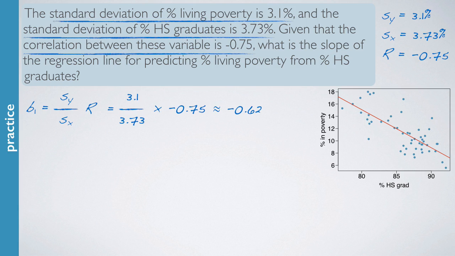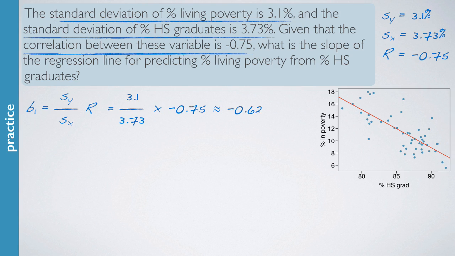In the first part of the equation, we're dividing two positive numbers, which is always going to yield a positive response, and then we're multiplying by a value that could be negative or positive depending on the direction of the relationship between the two variables. So mathematically speaking as well, the sign of the slope is always going to be the same as the sign of the correlation coefficient.